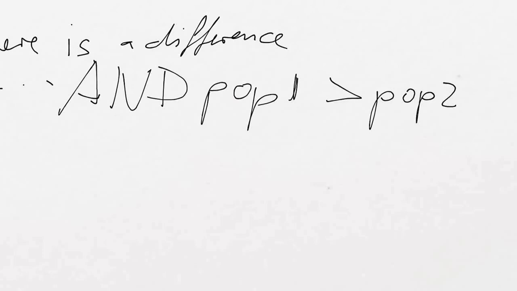How many options do I have now? Just one. Yeah? So one option. I could say population 1 is larger than population 2, or I could also say population 1 is smaller than population 2, but I have determined myself.